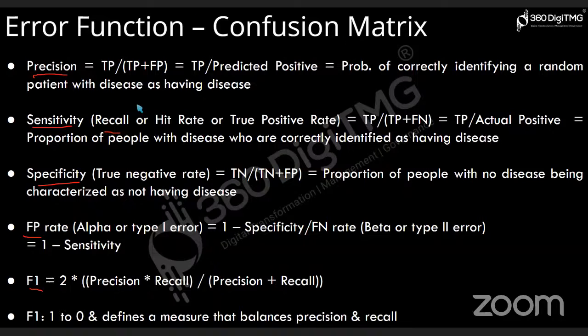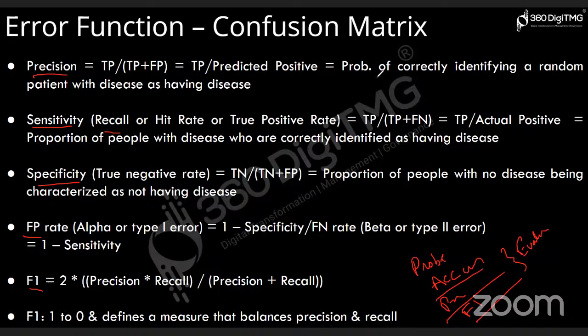These are the various evaluation metrics which we can use based on the problem statement. So what we need to find, whether accuracy, precision, or F1 ratio, accordingly you will take these evaluation metrics.